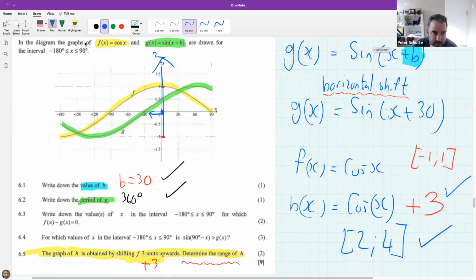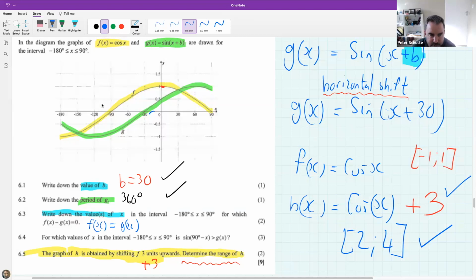6.3 says, write down the values of x in the interval -180 to 90. Now, that's just the playground over here. At the moment this looks really tricky, but there's one sneaky trick that you can use: you can rewrite this as where do the two graphs equal each other? f of x minus g of x is the same as writing f of x equal to g of x.